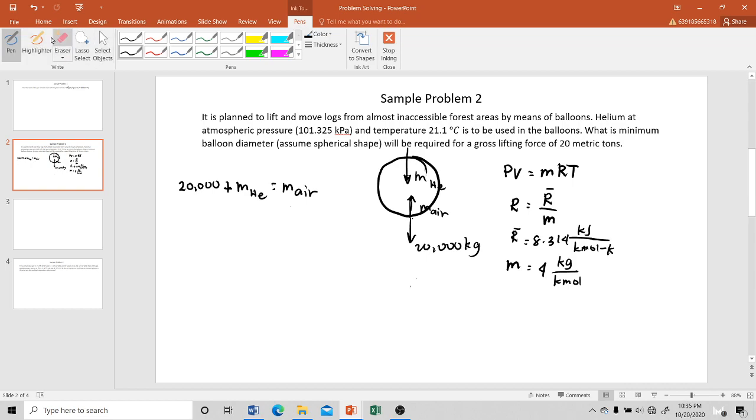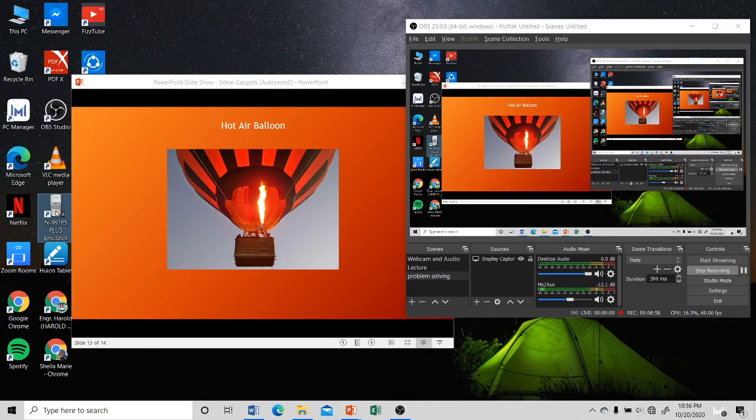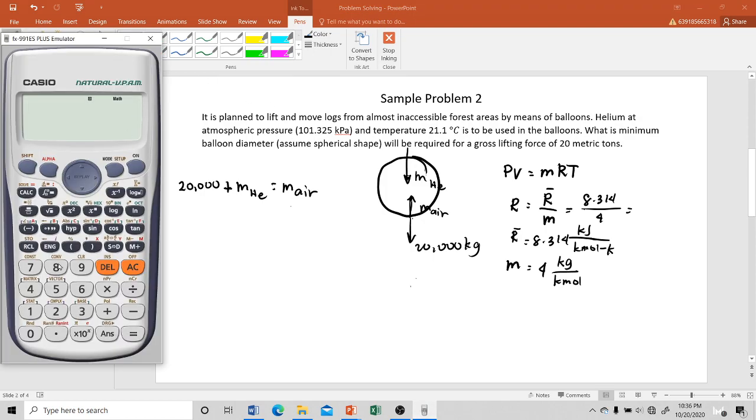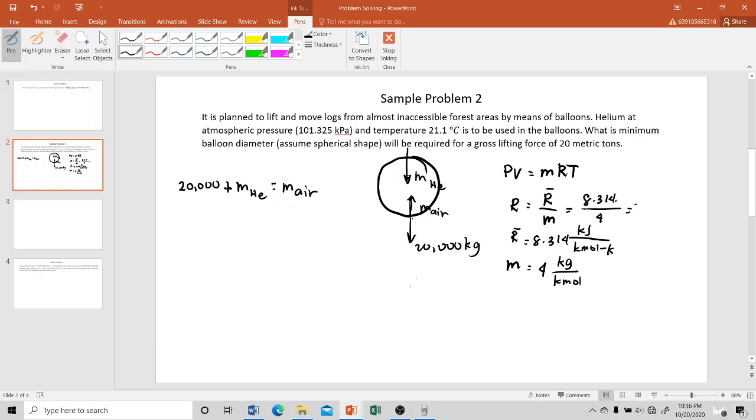So we substitute here: 8.314 over 4 is equals to 2.0875 kilojoule per kilogram Kelvin.